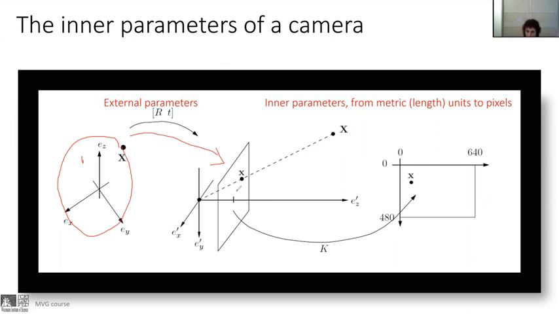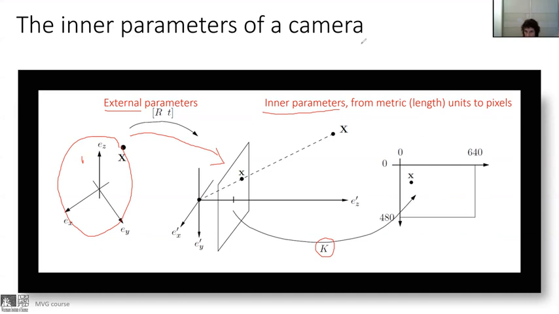But in real life, we have a camera, and the camera is attributed with pixels. We know that we have some pixels by some pixels. Therefore, in addition to the external parameters, we introduce the notion which is called inner parameters, denoted by K. This K lets me move from length units in the real world to pixels in the camera.